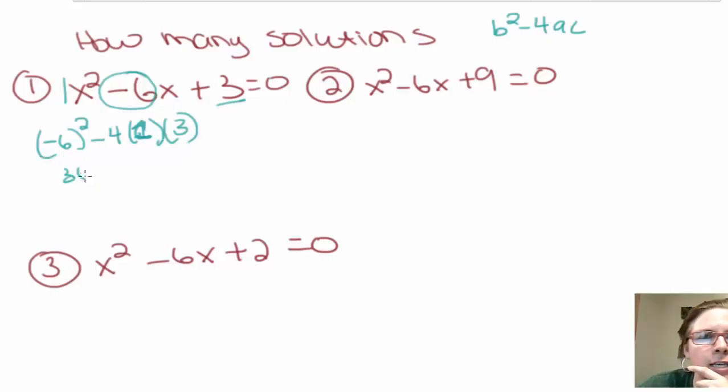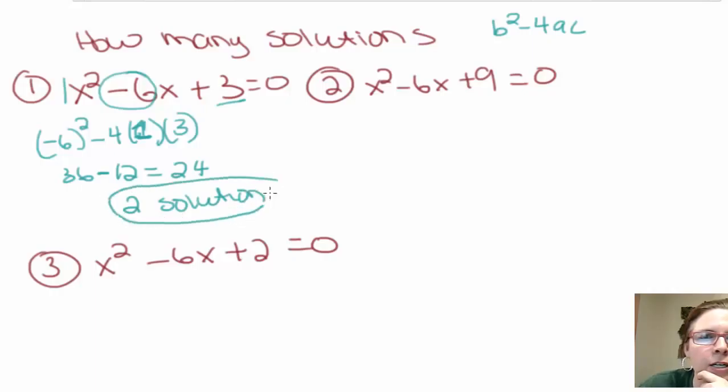So 36 minus 4 times 1 is 4, 4 times 3 is 12. So when we subtract, it's 24. So that means we're going to have two solutions because it's positive. It's greater than 0.